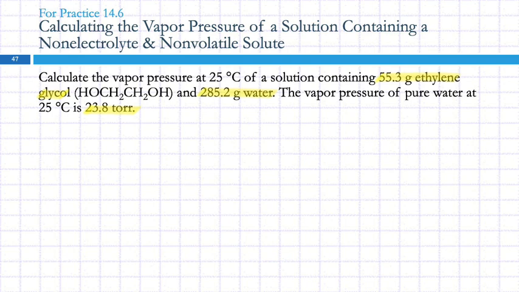Okay, so let's identify what these things are. So here, this is the vapor pressure of pure water. So we can call that P0 H2O. That's the vapor pressure of pure water, 23.8 torr. We're trying to calculate the vapor pressure of the solution, not the vapor pressure lowering, just the vapor pressure.